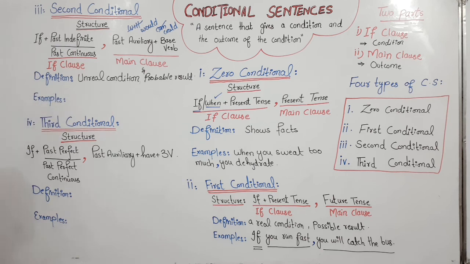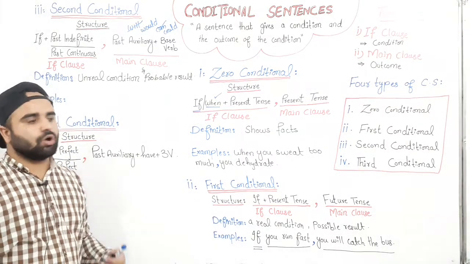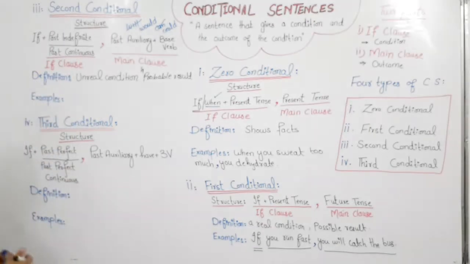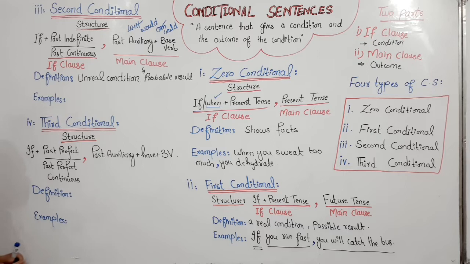Now, I say I do not live near the academy, so I do not reach on time. The unreal condition would be: I live near the academy and I reach on time.